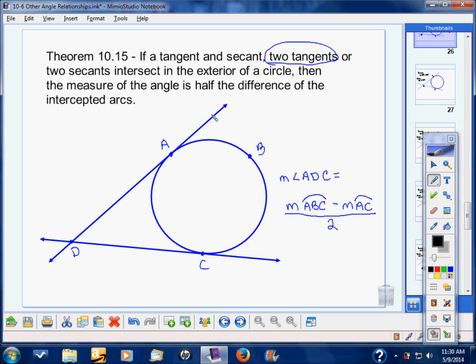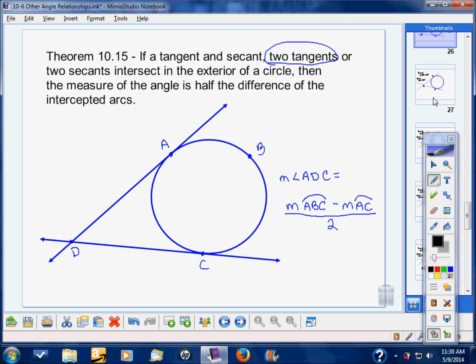So this line intercepts the end of this arc, and this one intercepts the end of this arc, the same arc, but then there's also another one. There are two arcs that are intercepted by the same angle.